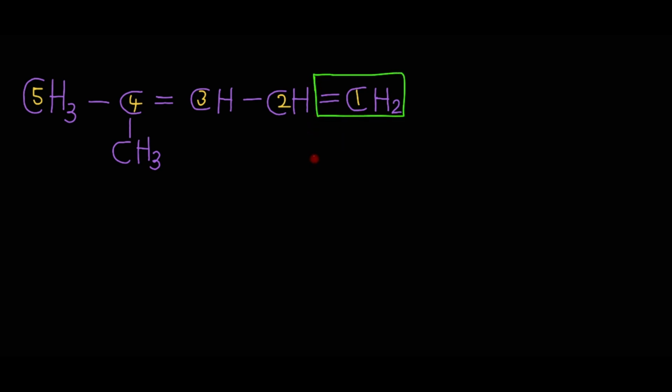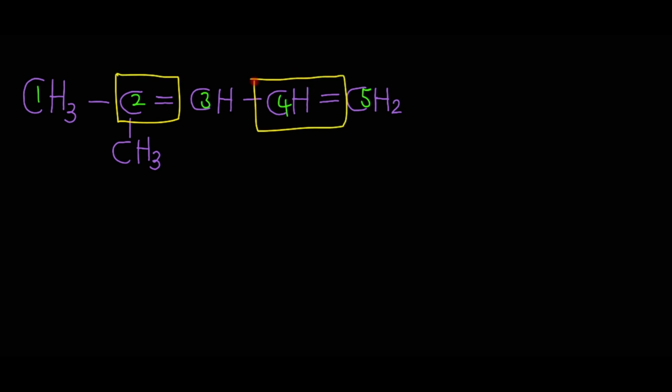We obtain them at carbon 1 and also carbon 3. So this is 1, 3. Now let's see the other direction. We move from left to right: 1, 2, 3, 4, 5. We obtain the double bonds at carbon 2 and also carbon 4.